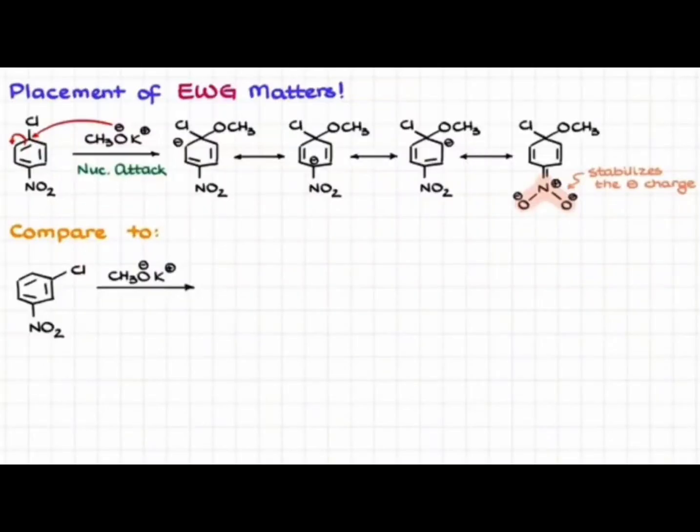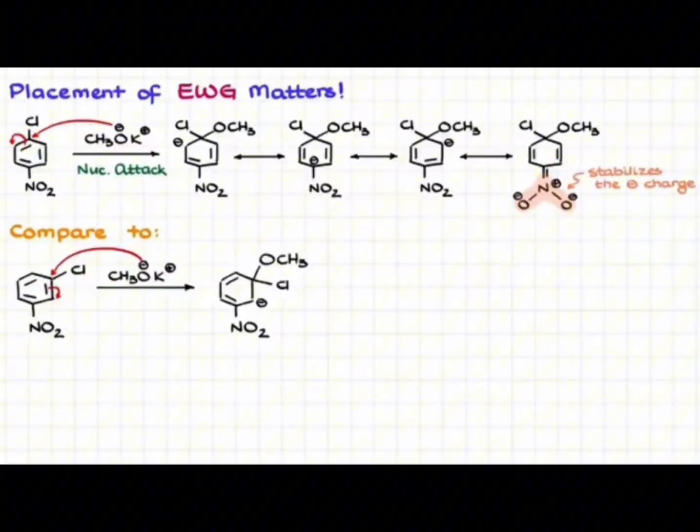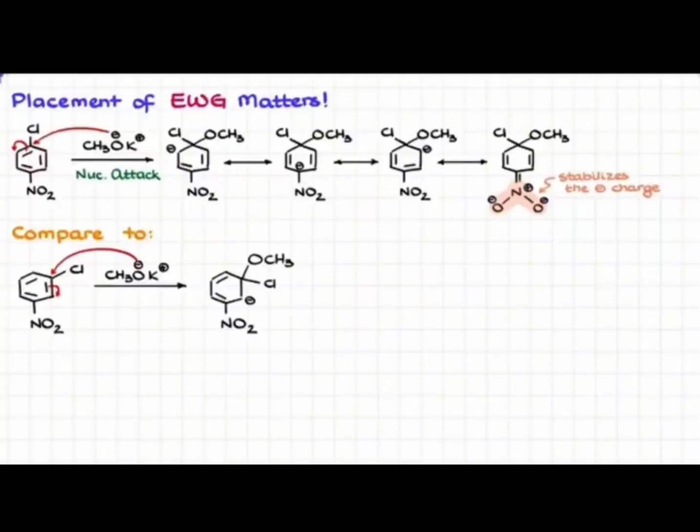My methoxide can still potentially attack the position where my leaving group is. So in this attack here, the electrons go down like that. As a result of this nucleophilic attack, I'm going to get the following intermediate. Now, of course, this intermediate can show me a few resonance structures. I can take these electrons and move them around, giving me the following intermediate.